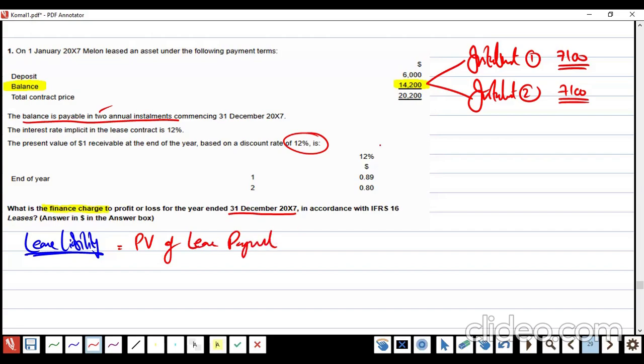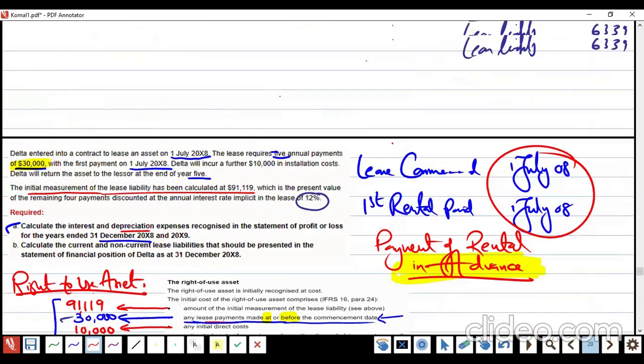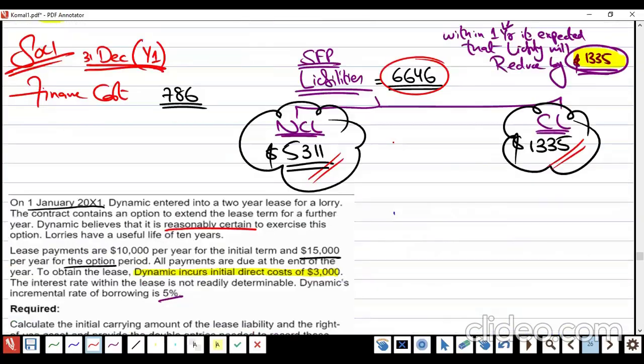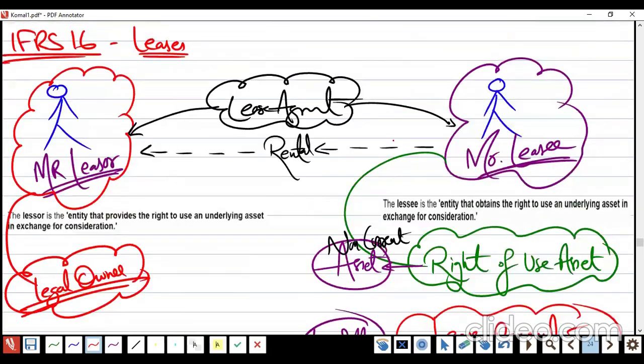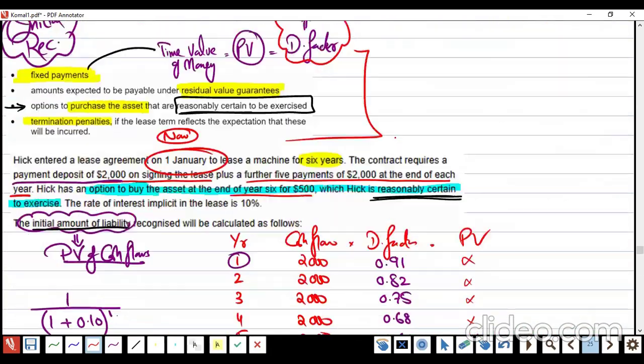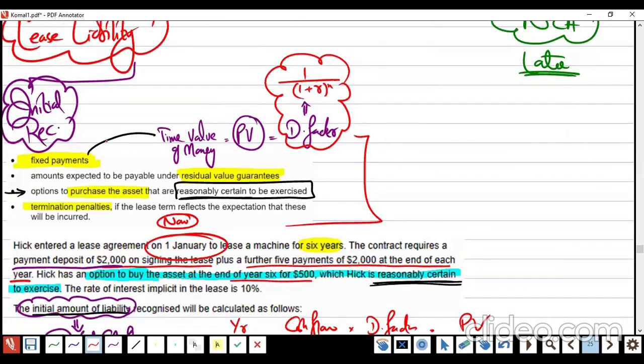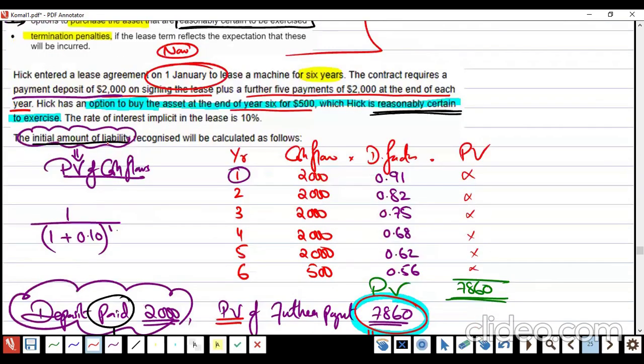We already learned this one. Look here, I'm just revising the concept for you. This one here at the beginning. Remember? Present value of cash flow.